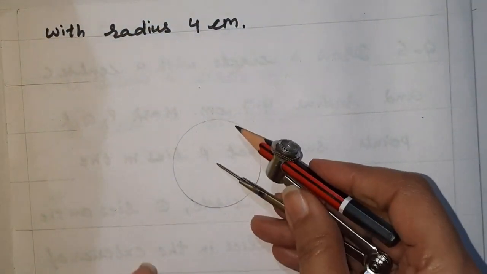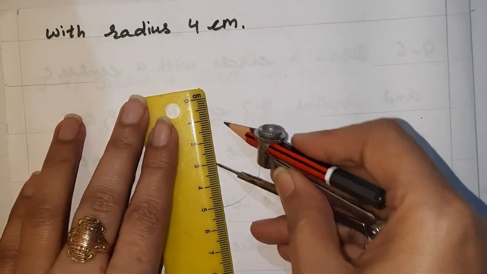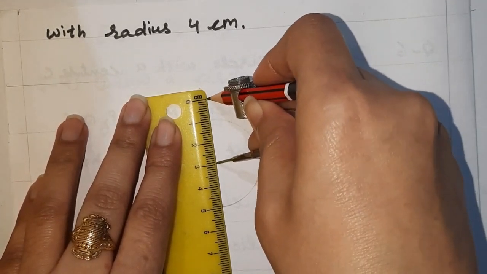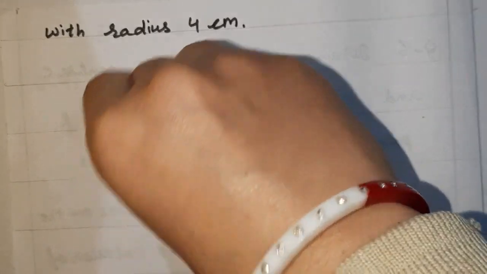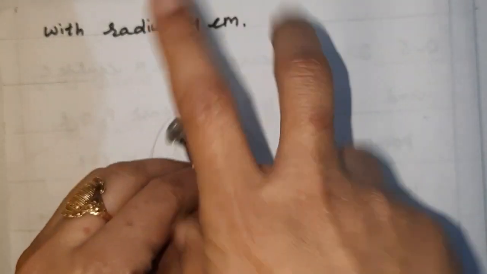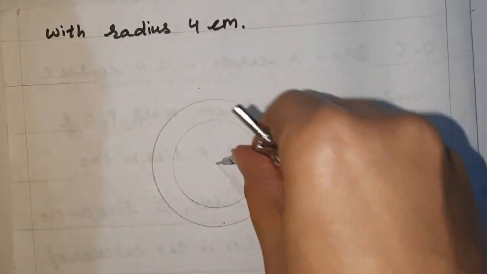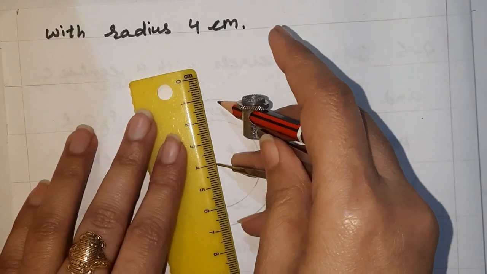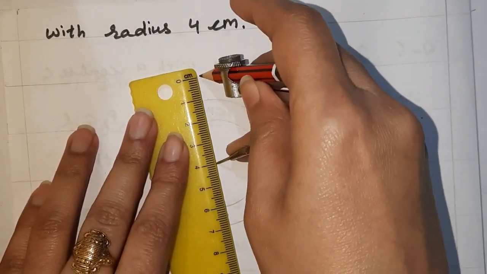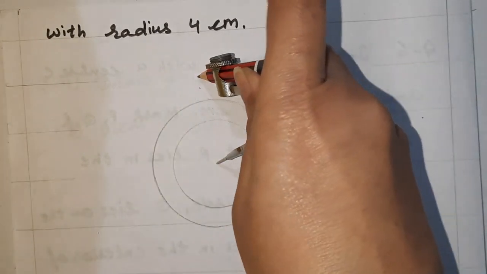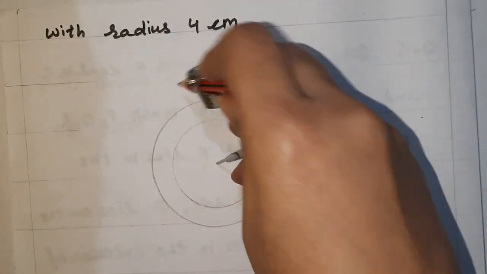Now radius 3 centimeter. Center is same. Draw the circle. Now radius is 4 centimeter. 0 to 4. Remove the scale. Draw the circle.